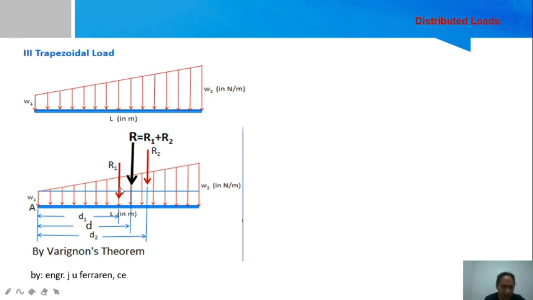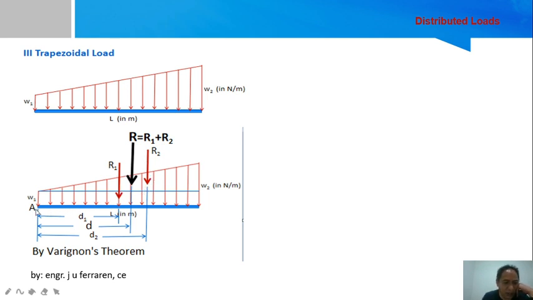So, my rectangle is your area 1. This is my R1. And for my triangle, I have my R2. Then, the distances, if this is R, your R is the sum of R1 and R2. It is acting downward because both forces are in a downward direction.